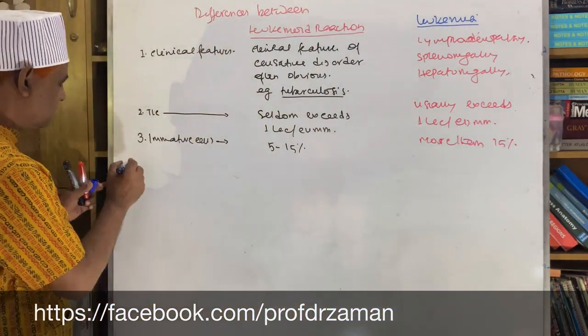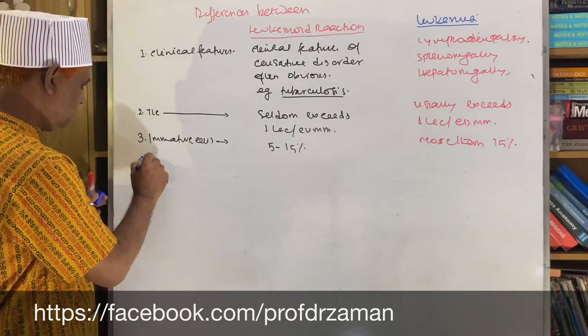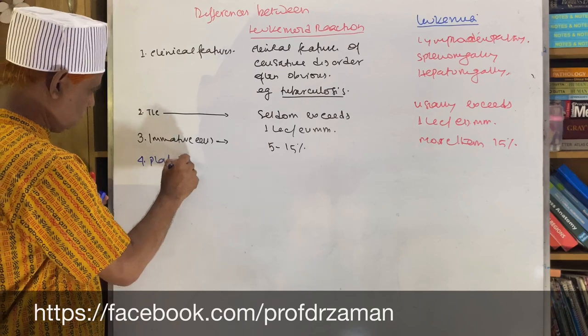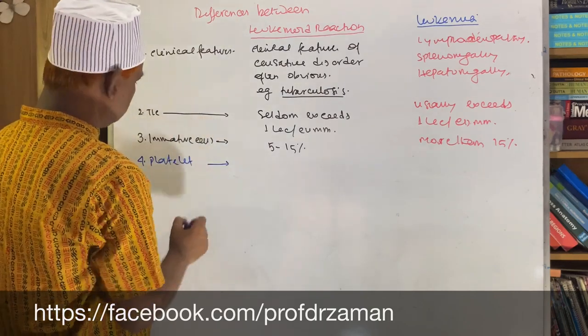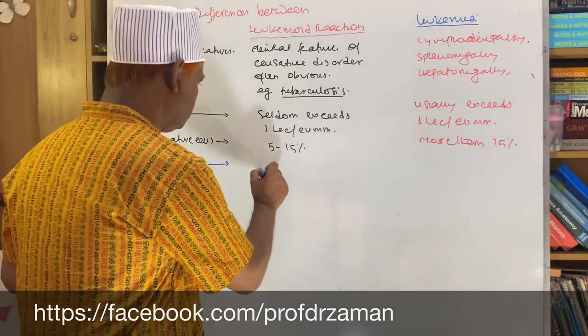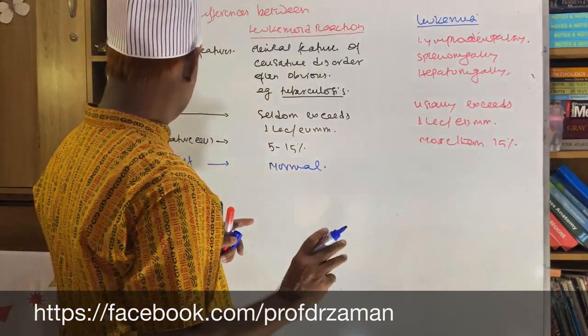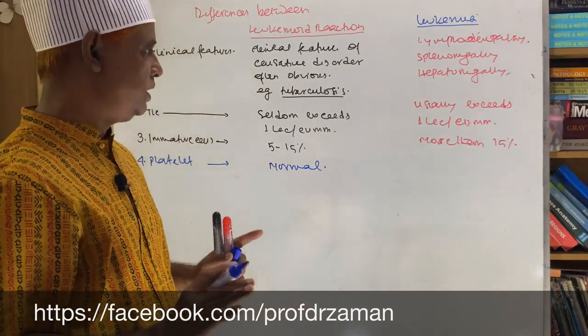Then come to platelet. Total platelet count in leukemoid reaction is normal. That is, there is no thrombocytopenia.